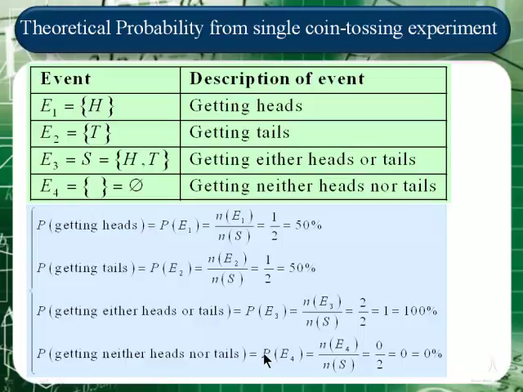If you play a cricket match and you toss a coin and it lands on its edge, then they will have to re-toss that coin. But in this case, the cardinal number of event 4 is 0, because there's no outcome in this set, divided by the cardinal number of S, which is 2, and therefore the probability is 0 or 0%, so it is impossible that this will happen.